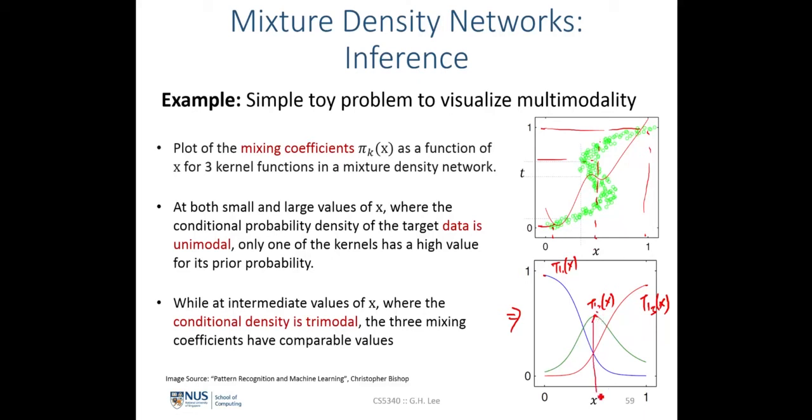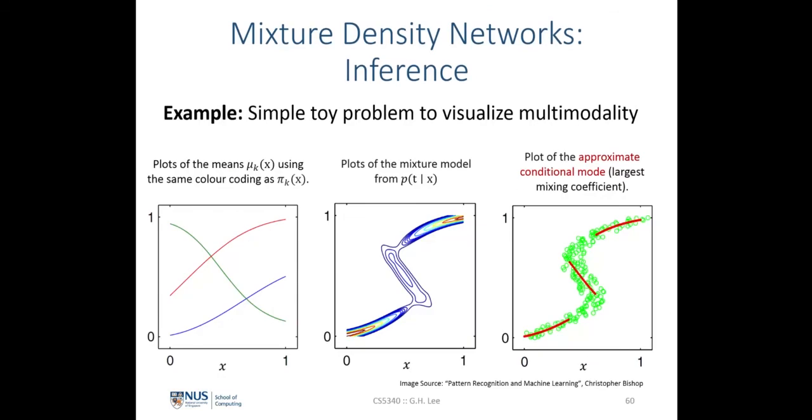For example, if x is equal to this value over here, we can simply take the output from the second component, which corresponds to the largest mixing coefficient, as the output of the t that we want to use. Here's another plot of the mu, the means, over all the three components across different values of x.